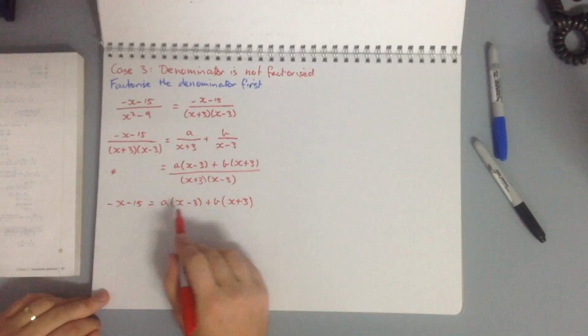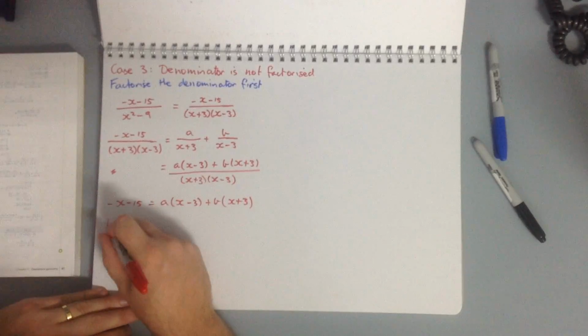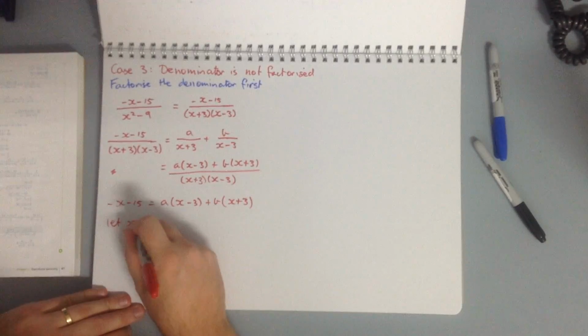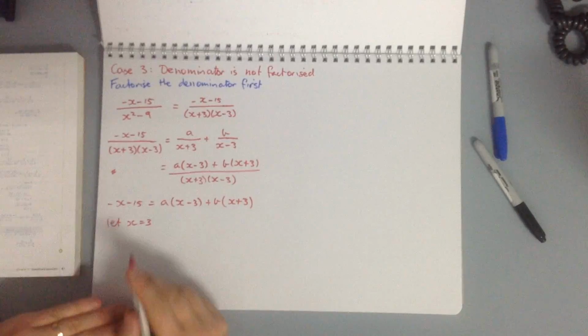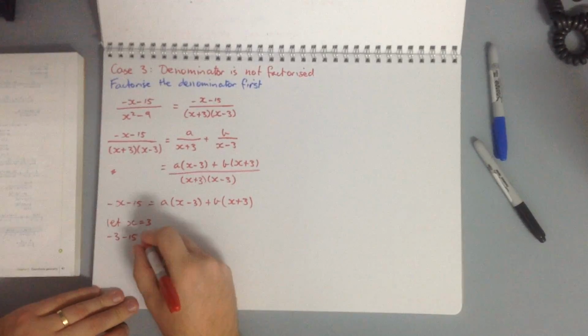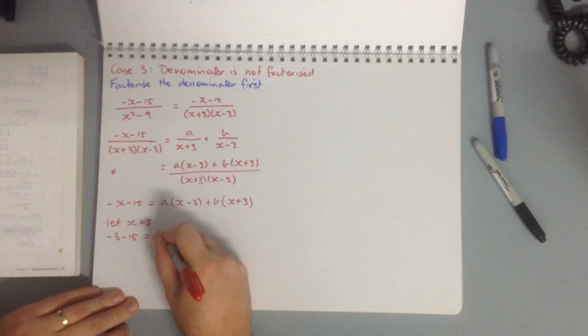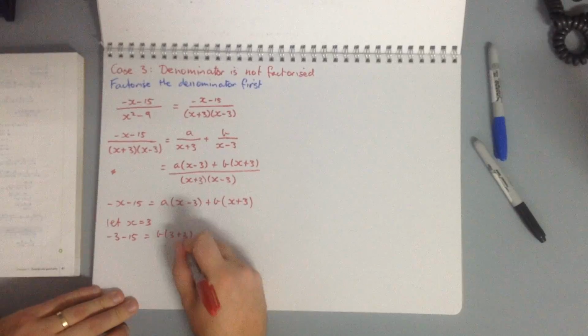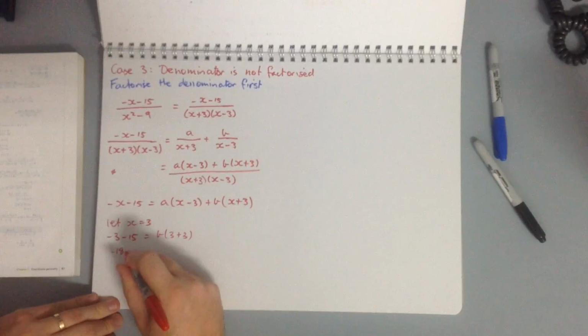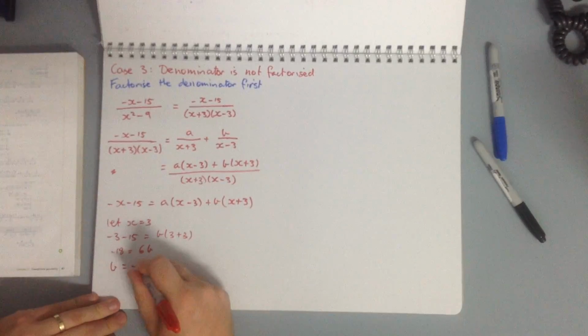Now we pick values that cancel out our brackets, so we'll start off by letting x equal 3. Then we'll have minus 3 take 15. This one will drop out, so then we've got b times (3 plus 3), so we'll have minus 18 equals 6b, so b will equal negative 3.